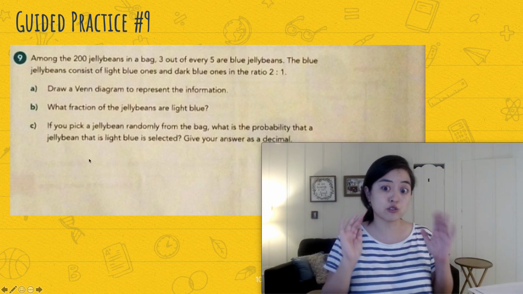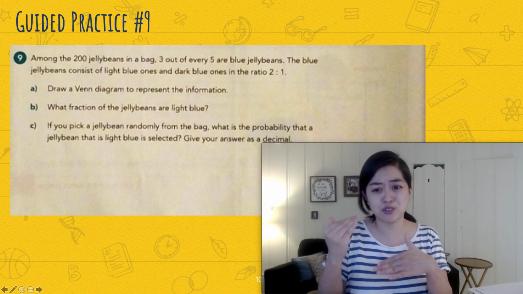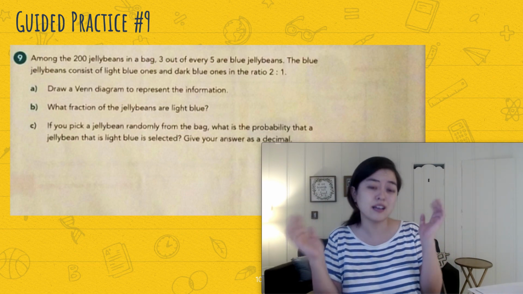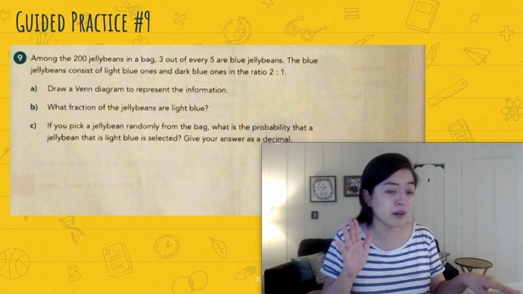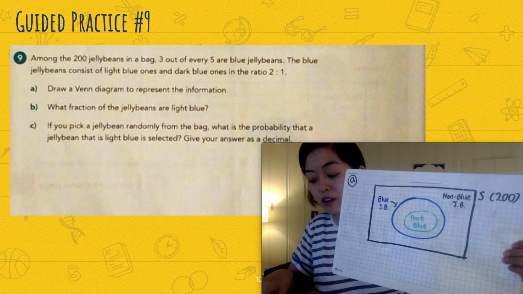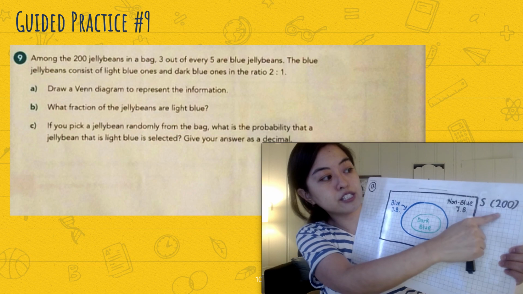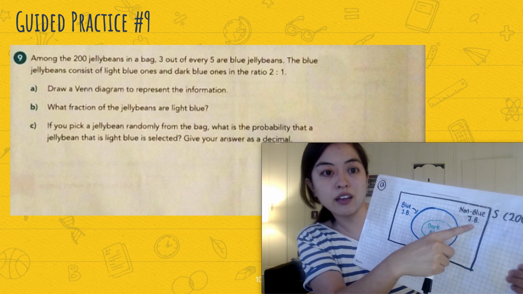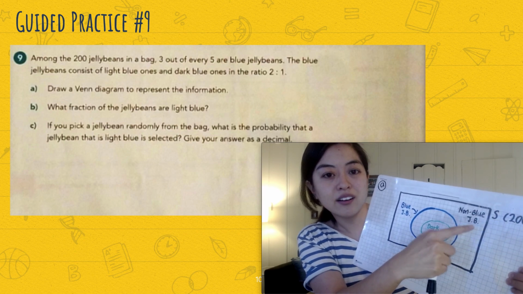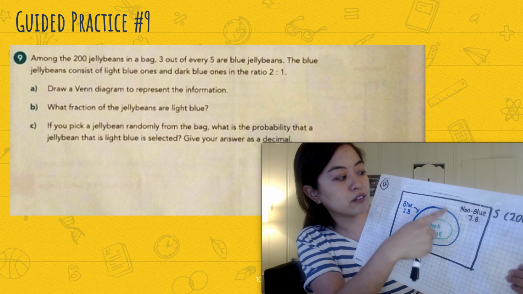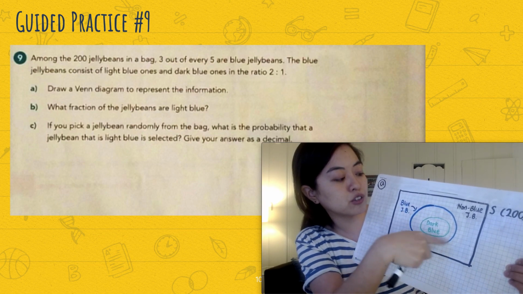So I didn't finish drawing my Venn diagram because I wanted to go through the process with you to input the numbers that are important to my Venn diagram. But so far, from the information, I have this, okay? So my sample size is 200 jelly beans, okay? So that's put in the rectangle, okay? And I have my non-blue jelly beans, and then I have my blue jelly beans here in this blue circle.